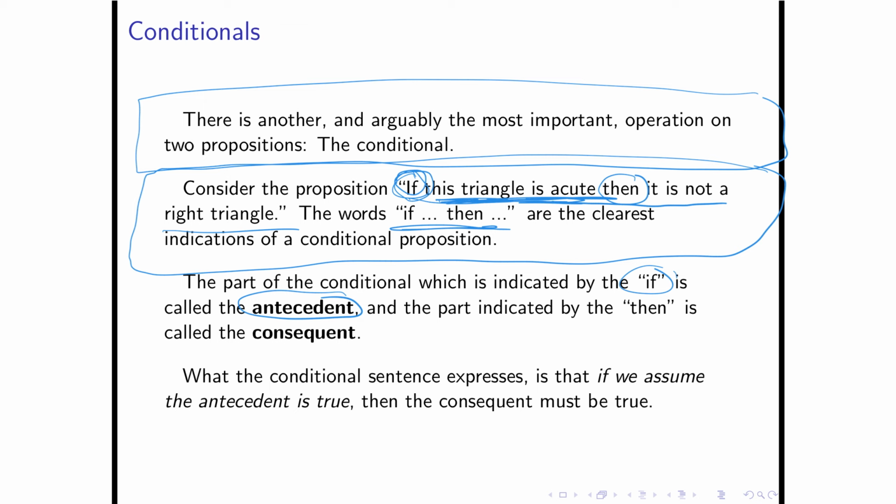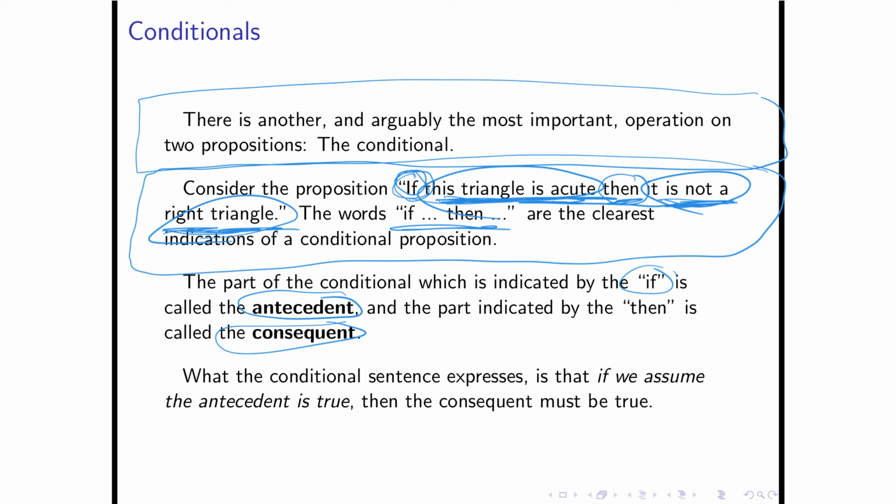And if we're being very helpful for the listener, then we'll use the word then to indicate the next proposition, which is called the consequent. So, if this, then that is the structure of a conditional sentence. The if part is the antecedent, the then part is the consequent.